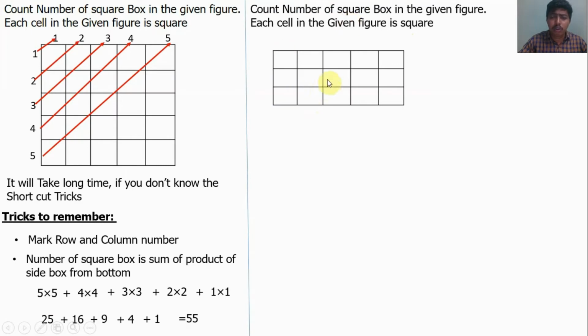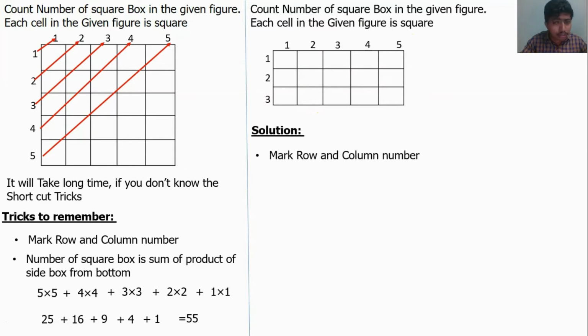Next we will solve the problem. The question is, we have to find the square box. Each cell in the given box is square box. Okay, use the tricks. Step 1, you have to mark the number of row and column numbers. So 1, 2, 3, 4, 5 columns are there, and rows 1, 2, 3 rows are there.